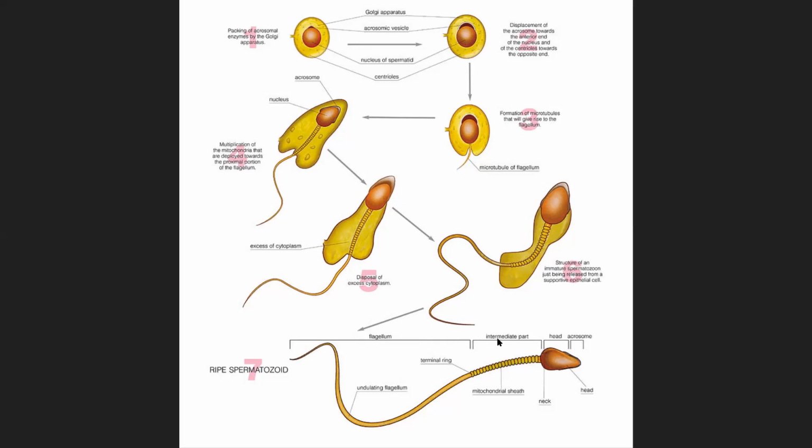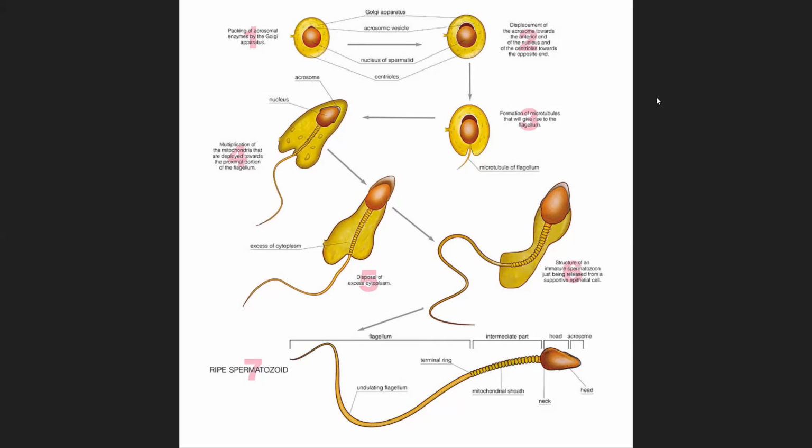And at last it is going to develop a head, a small neck with a mitochondrial sheath middle piece, and a long tail. And remember, children, this long tail is going to have the 9+2 arrangement of microtubules.